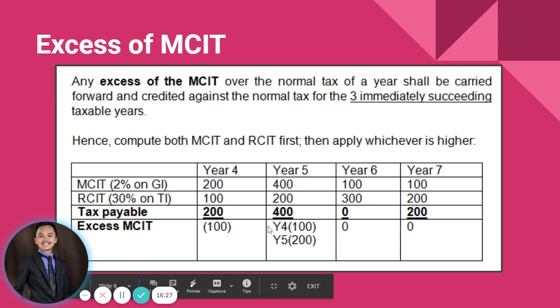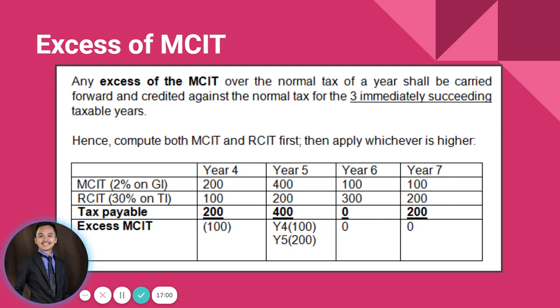Meaning we will exhaust first year 4 and then followed by the remaining 100,000 to be exhausted from year 5. So that means we still have a remaining 100,000 excess MCIT that is from year 5. Okay? If ever we cannot fully exhaust our total excess MCIT, then we apply it on a first in, first out basis. Okay?